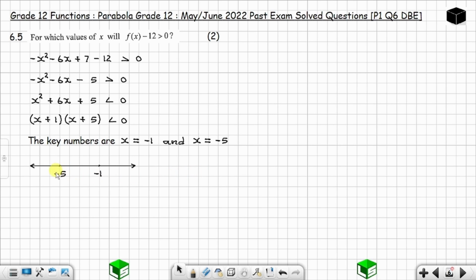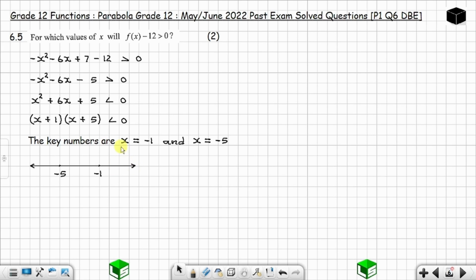So you know that -5 is before -1 on the number line. I hope you understand that. So now you can see the key numbers are dividing the number line into 3 intervals. You have the interval before -5, another interval between -5 and -1, and another interval after -1, this one.